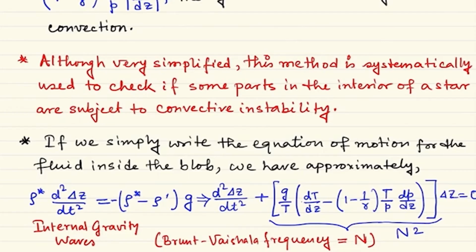What does that correspond to? This corresponds to the mass blob coming back to its original position when it is initially displaced vertically upward. And it actually leads to linear wave modes.